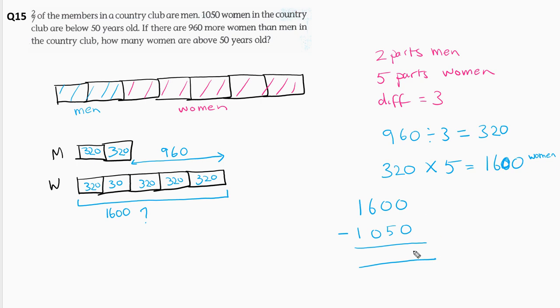But now that I'm doing this, we might as well. So 0 take away 0 is 0. Okay, we're going to do that. 10 take away 5 is 5. 5 take away 0 is 5. 1 take away 1 is 0. So 550. So that is our answer. That's how many are above 50 years old. 550.